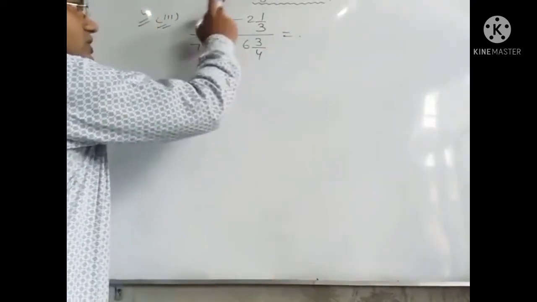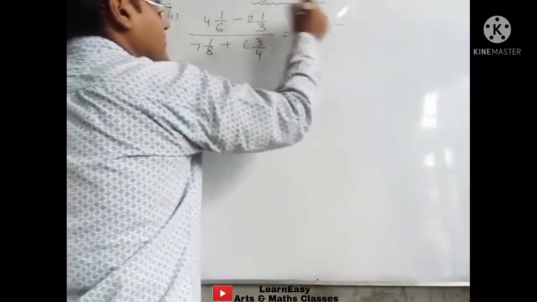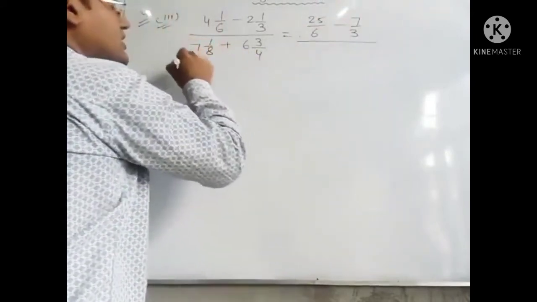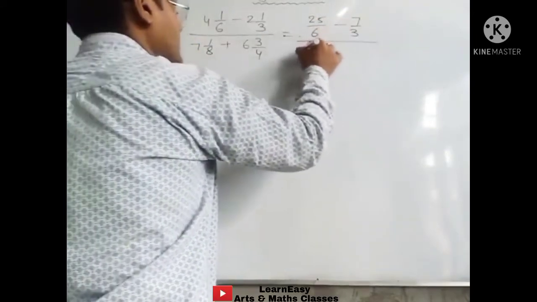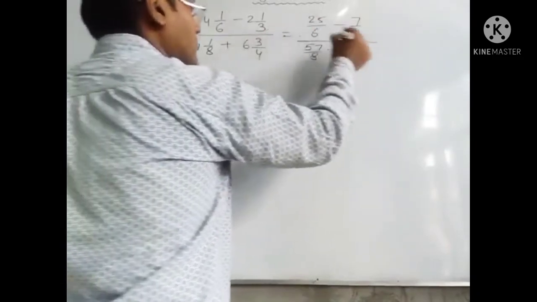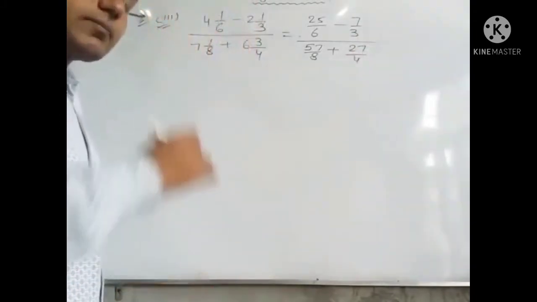So 6 times 4 is 24 plus 1, 25 upon 6, minus 3 times 2 is 6 and 1, 7 upon 3, upon 8 times 7 is 56 plus 1, 57 upon 8, plus 4 times 6 is 24, 24 plus 3, 27 upon 4.